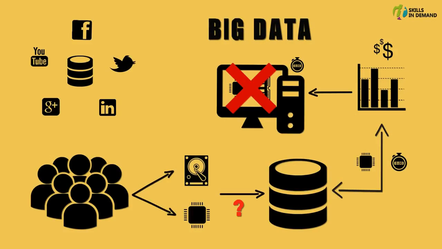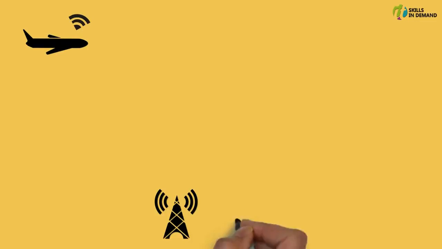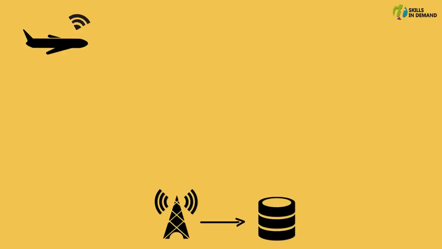Let me take another real-world example related to the airline industry and try to explain the term big data. For instance, the aircrafts, while they are flying, they keep transmitting data to the air traffic control located at the airports. The air traffic control uses this data to track and monitor the status and progress of the flight on a real-time basis.